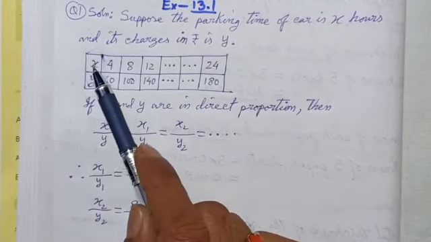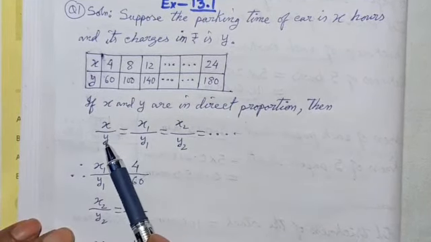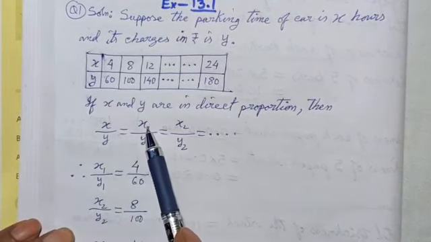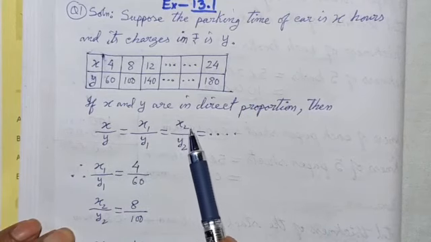If x and y are in direct proportion, then x by y will be equal to x1 by y1 and equal to x2 by y2 and so on.